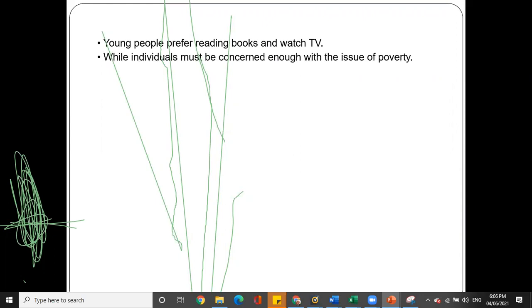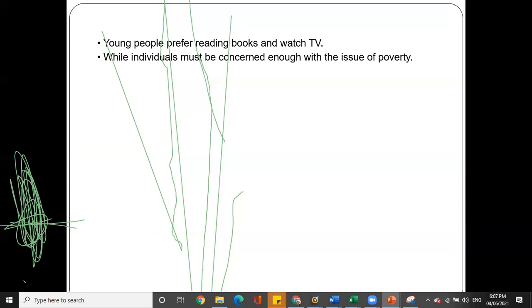While individuals must be concerned enough with the issue of poverty. What do you think the problem of that is, guys? It's a dangling modifier. A modifier is really just an adjunct. It is just a dependent clause or a relative clause.